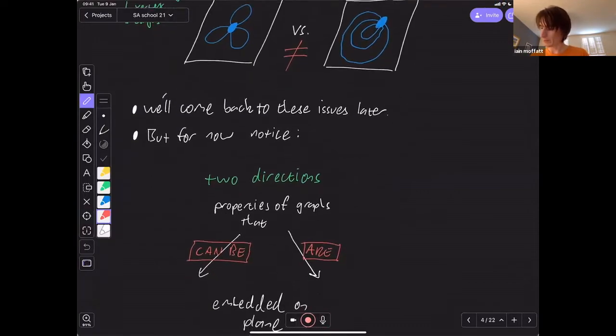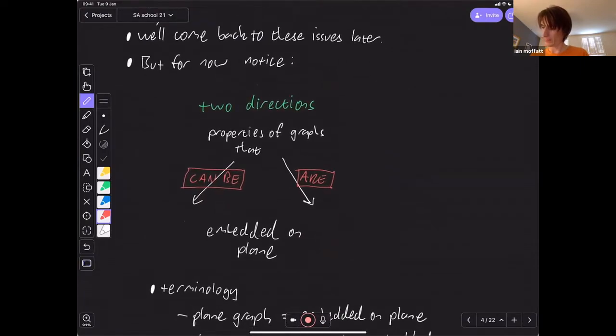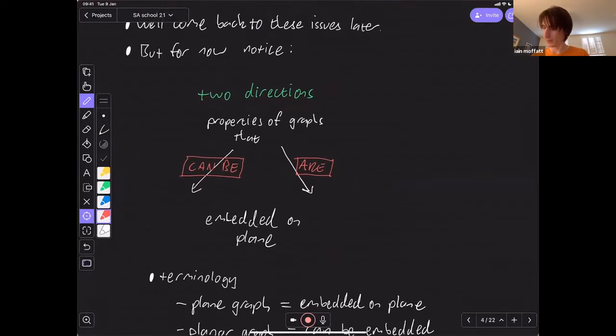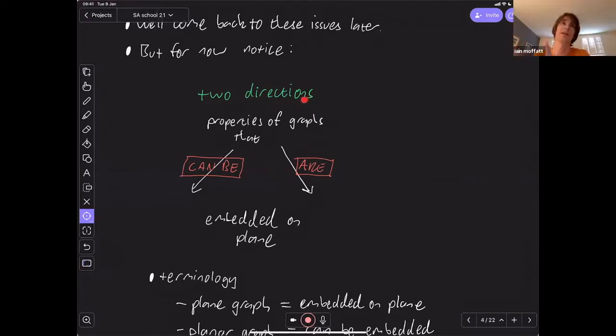Okay, but what can we pick up from this? So I'll come back more to these issues, as I said, but for now we notice that even with this classic situation, these classic undergraduate examples, there are really 2 directions that the theory has taken us.